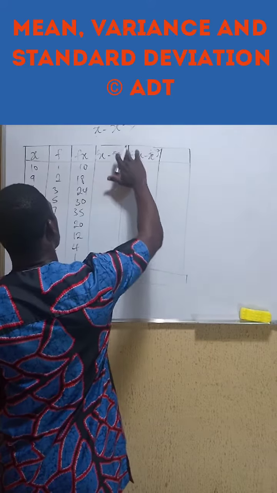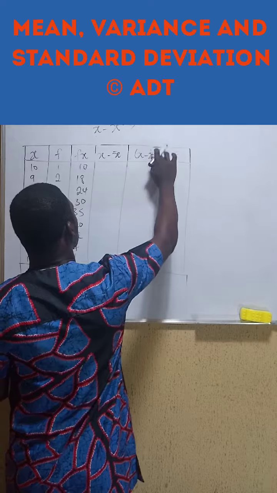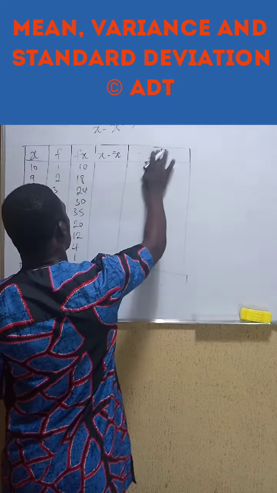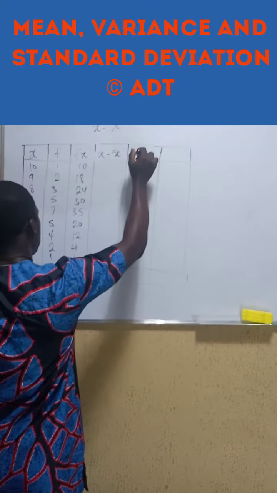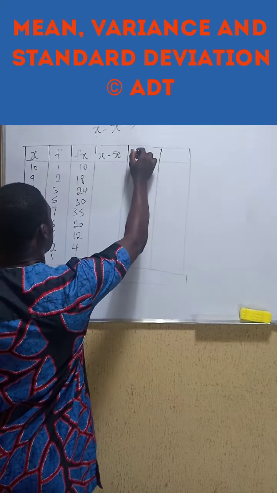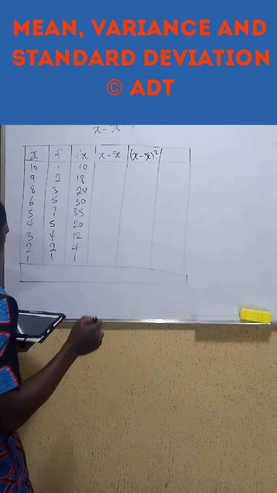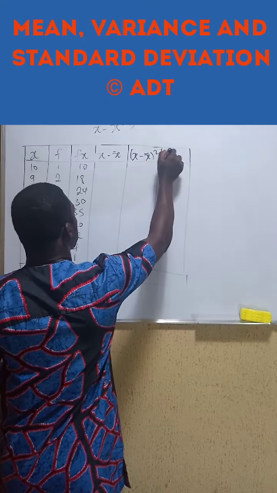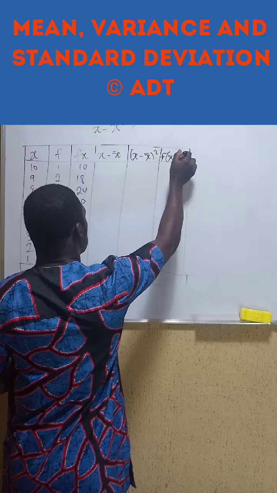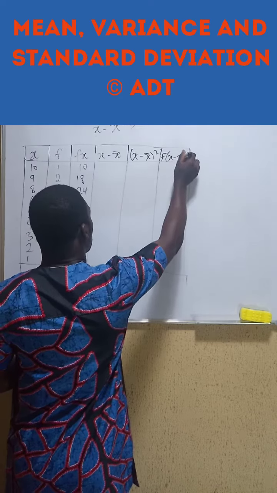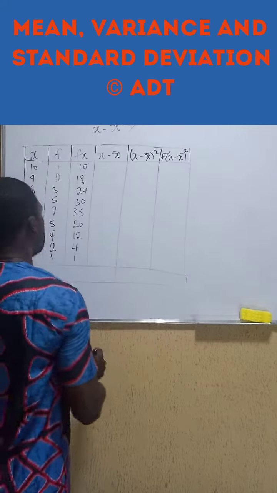Here you now have the squares, and then in the last column you have the frequencies multiplying it. So this is what you have.